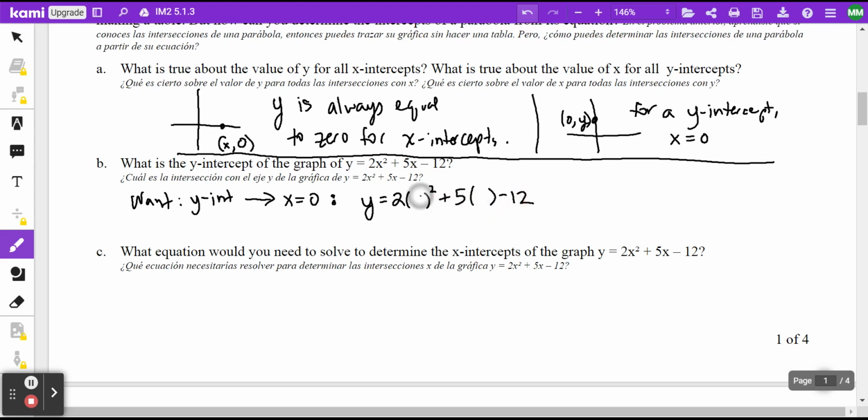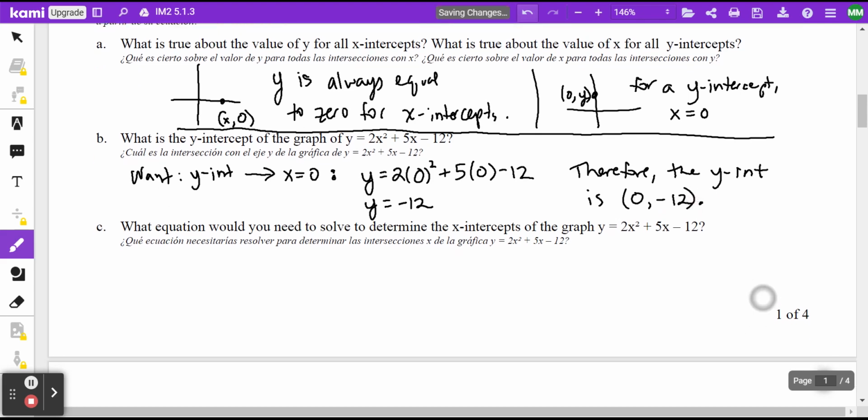We plug in our x value, and we solve for y. We get y equals negative 12. Therefore, the y-intercept is 0, negative 12.